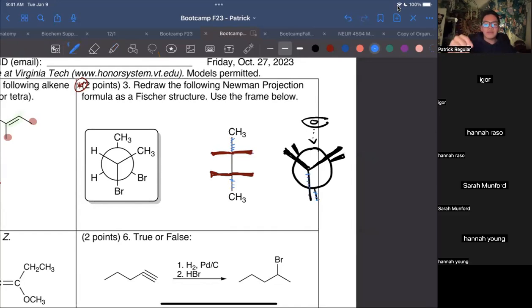From your perspective, if you're looking down at an eclipsed Newman projection this way, it's going to be a Fischer structure. Whatever is eclipsed with each other, let's say A and A are on the right side, those are going to be eclipsed with each other here. B and B are also going to be eclipsed with each other.